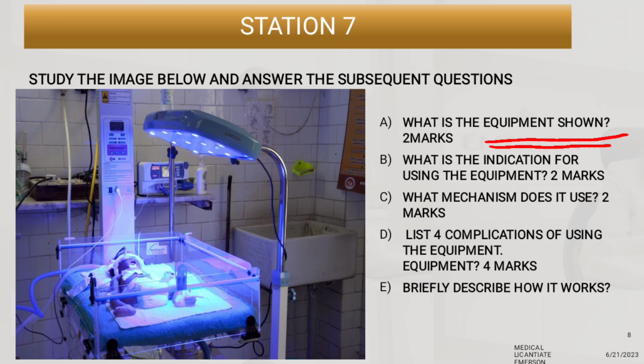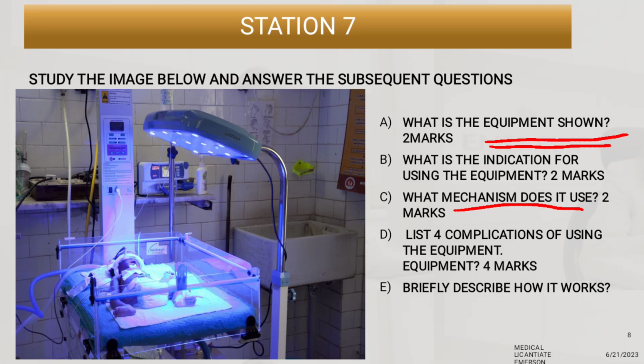Then what mechanism does it use? This machine uses light of a specific wavelength, in the 420 to 460 nanometer range, to cause three things.